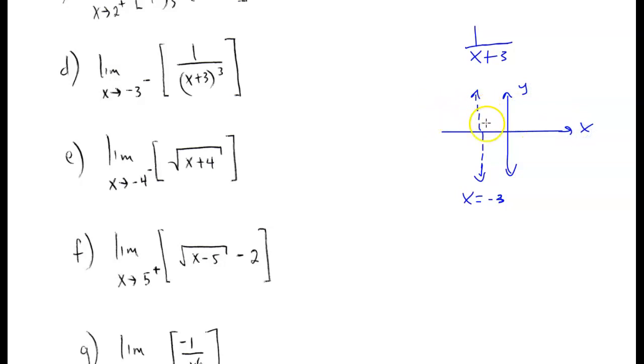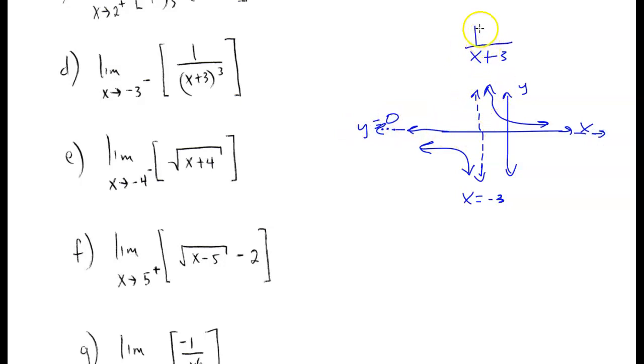So the difference here, let me finish drawing it first. So look more like this. And I also have a horizontal asymptote here at y equals 0.